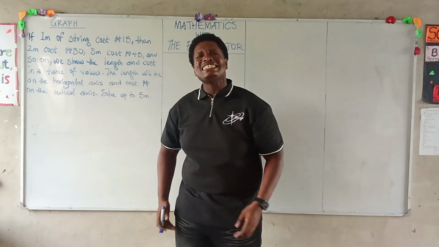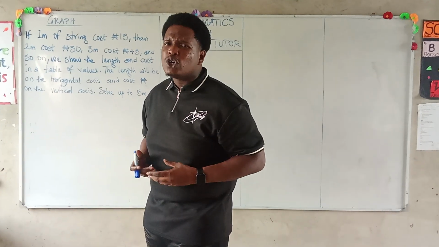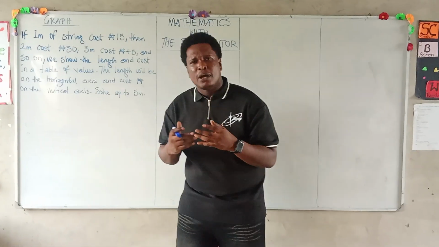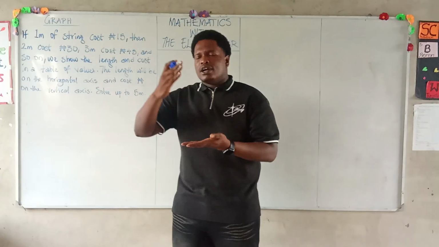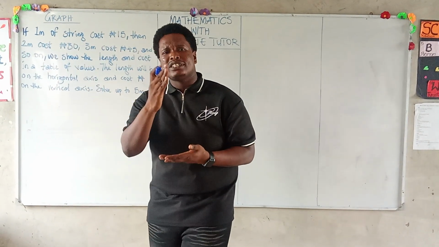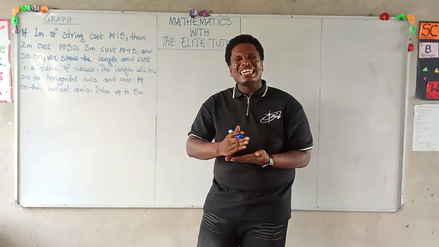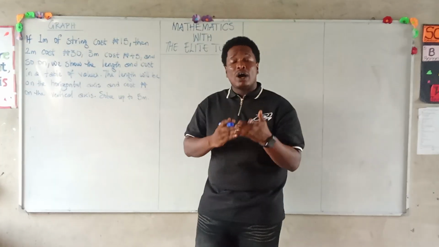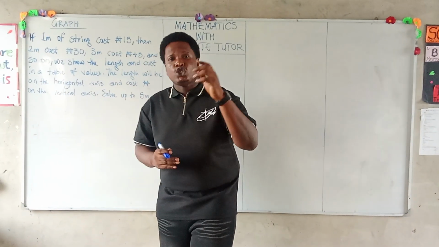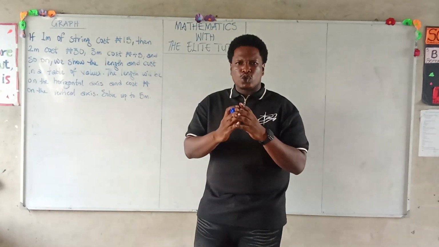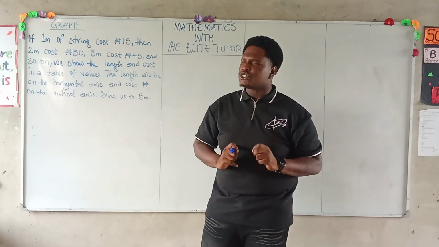Graph can also be seen as a drawing that shows us the relationship between two concepts, for example, when one variable increases, the other variable decreases. So it shows us that relationship.